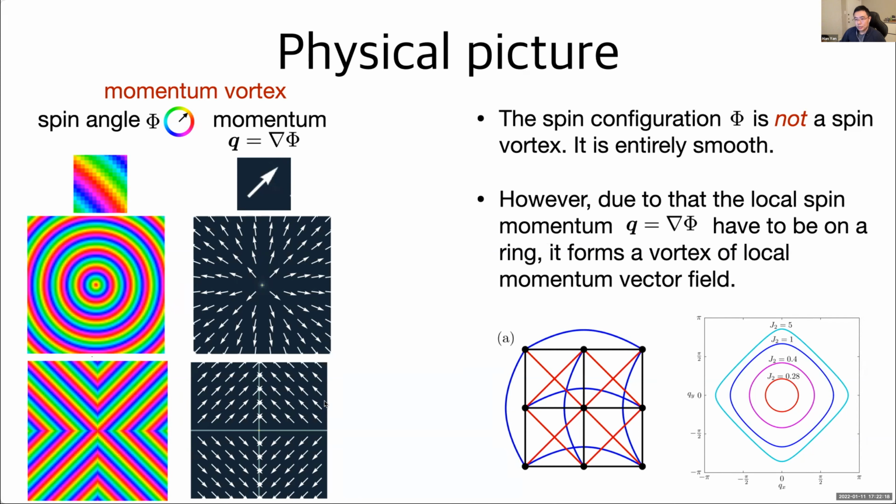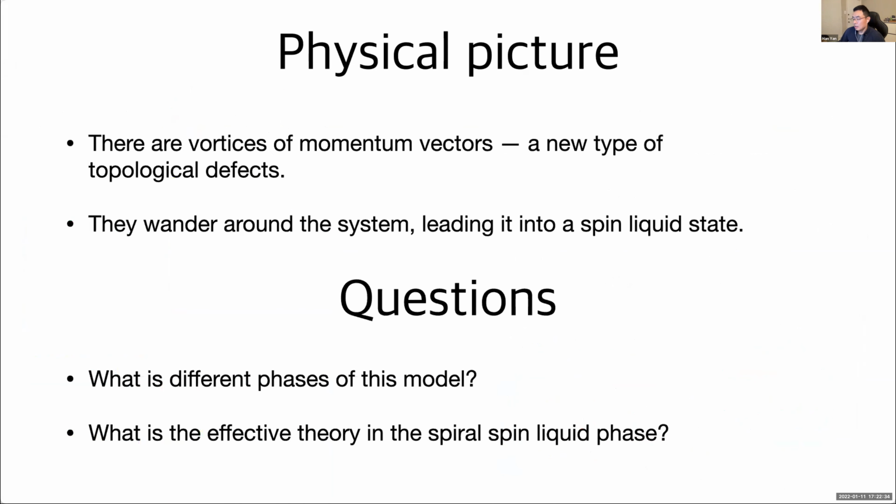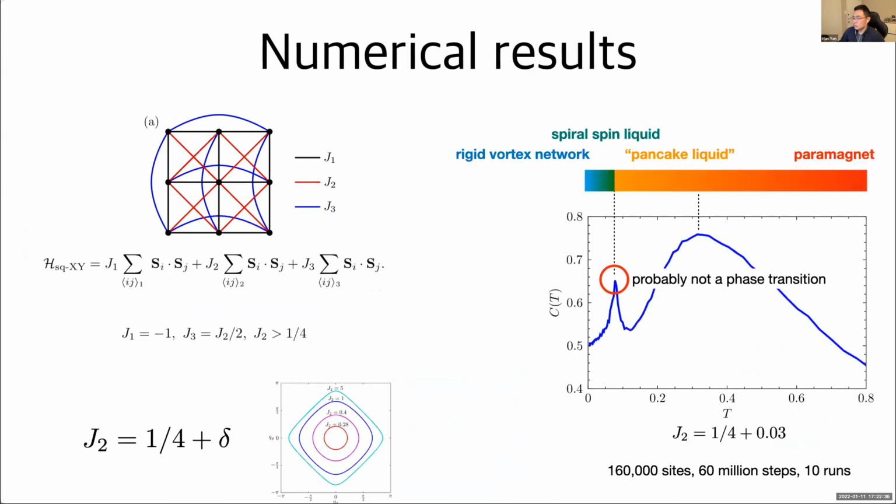So our intuition is that this new kind of topological defect, which only emerges in the regime of spiral spin liquid, will dominate the system and determine the low energy physics. Then we go on to do numerics to find out if this is true or not.